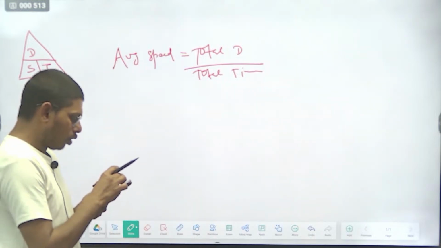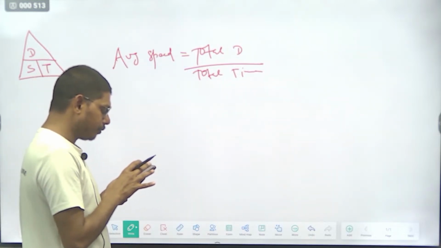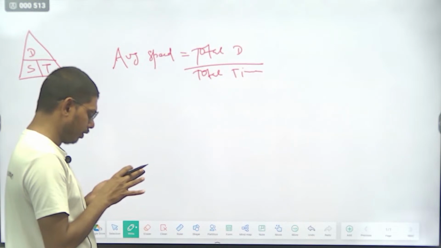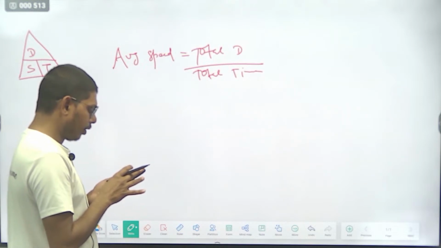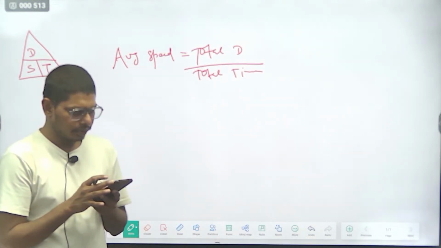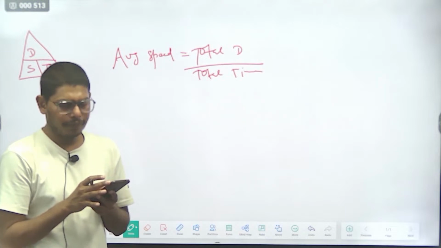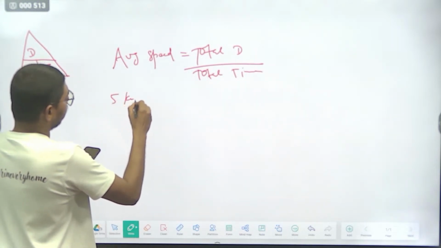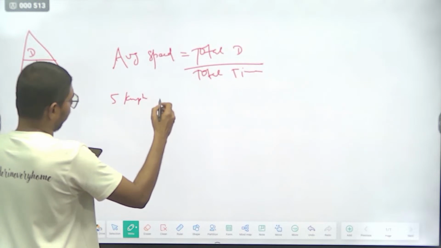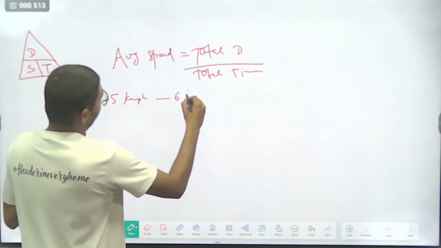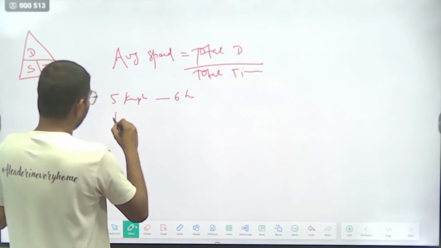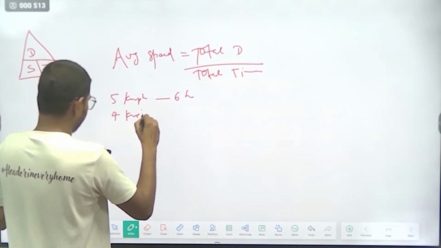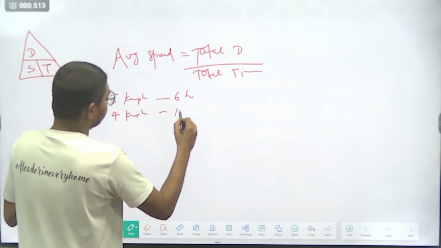Okay, so now I have a question over here. The question is that a man walks at the rate of 5 kmph, you can write it down. A man walks at the rate of 5 kmph for 6 hours and with 4 kmph for 12 hours.